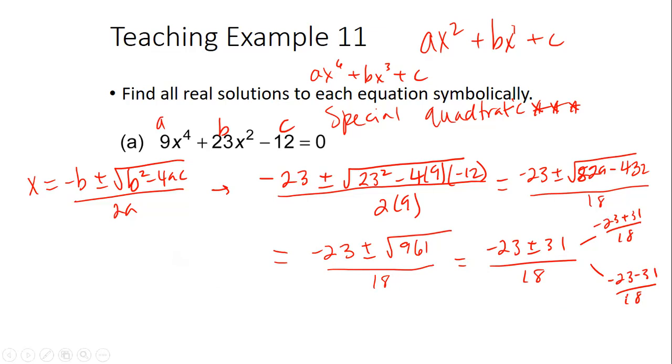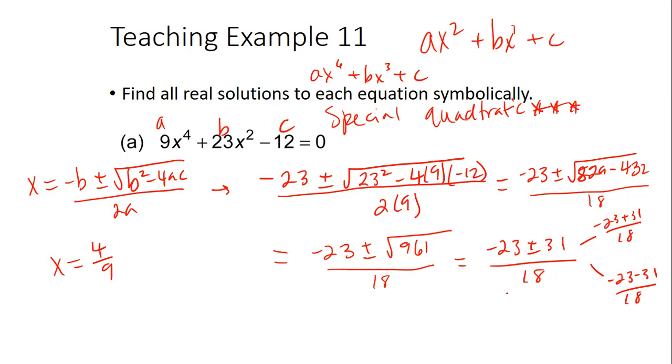What is negative 23 plus 31? 8. What's 8 divided by 18? 4 over 9. So we get x equals 4 over 9. What's negative 23 minus 31? Negative 54.